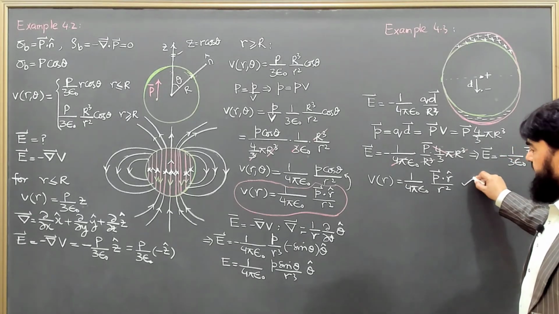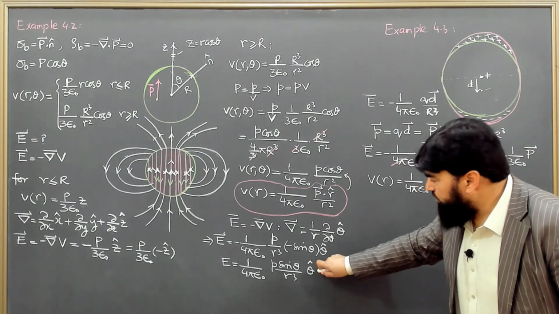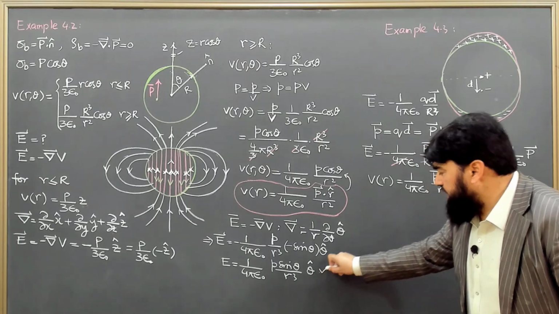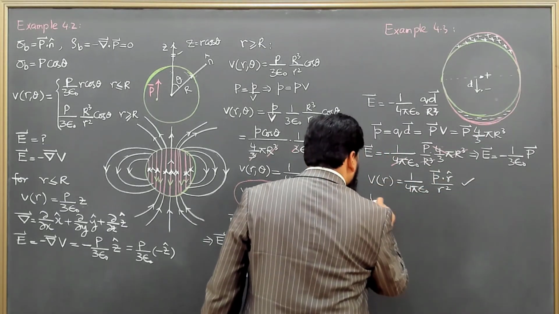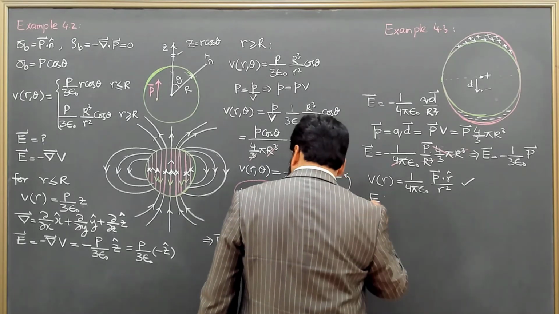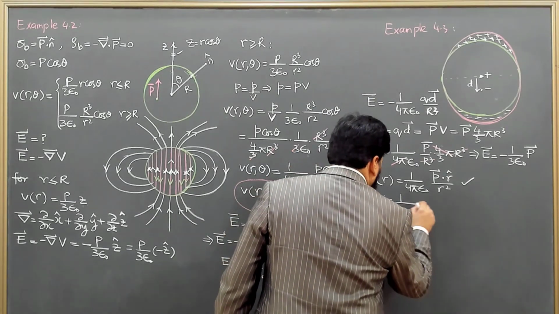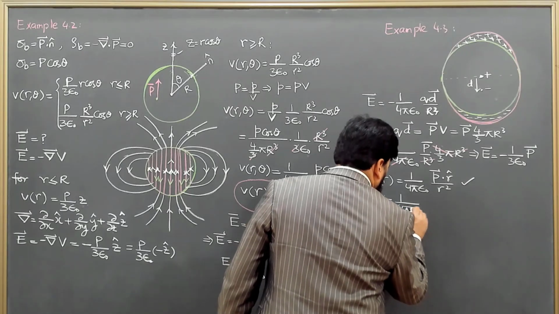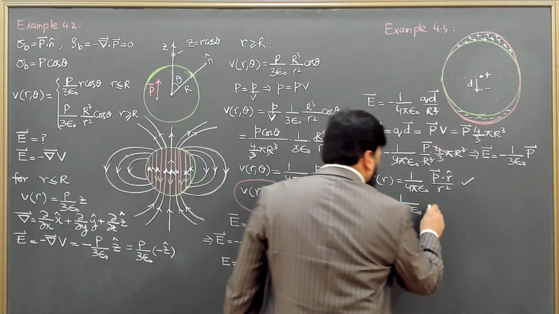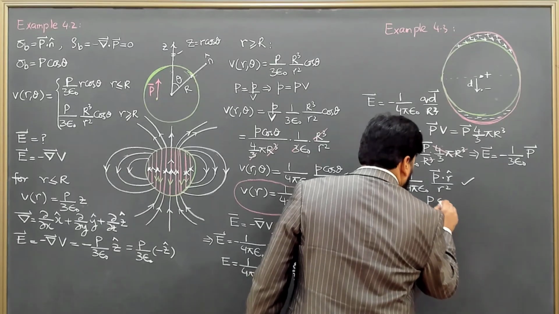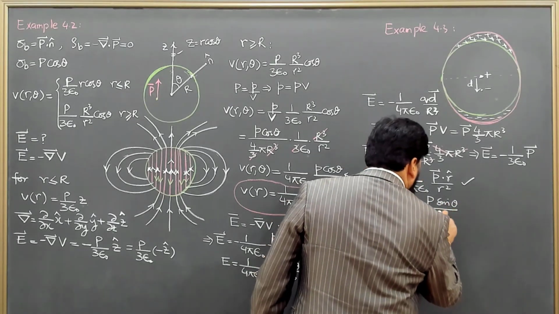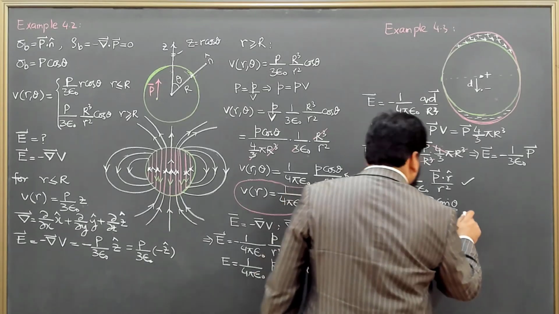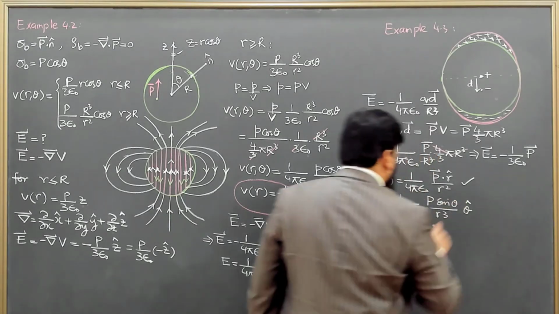Either you write it in this form or you calculate the gradient of this and you write the field as E of r equal to 1 over 4 pi epsilon naught, p over r cubed, times 2 cos theta r hat plus sin theta theta hat.